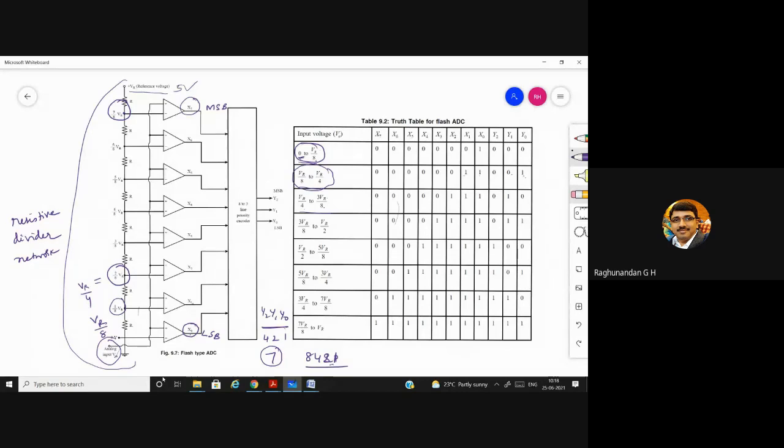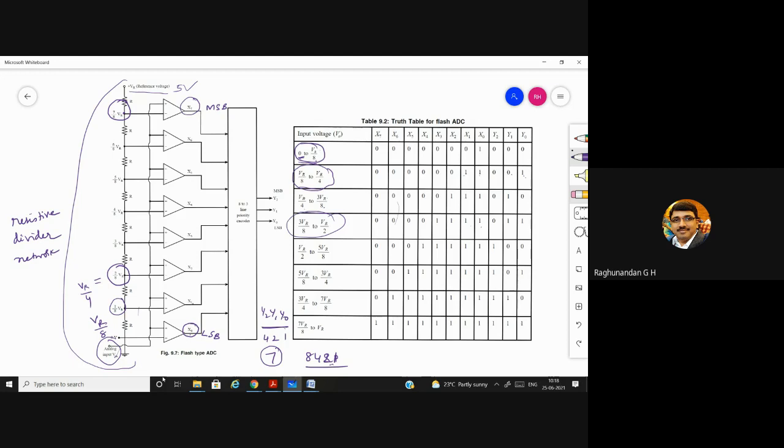It is just a normal digital encoder circuit which you have already studied in your third semester. 0, 1, 2, 3, 4, 5, 6, 7. Then in the same way, when the voltage range of the analog input signal is between VR by 8 to VR by 2, you can see that x3, x2, x1, x0 will be high.